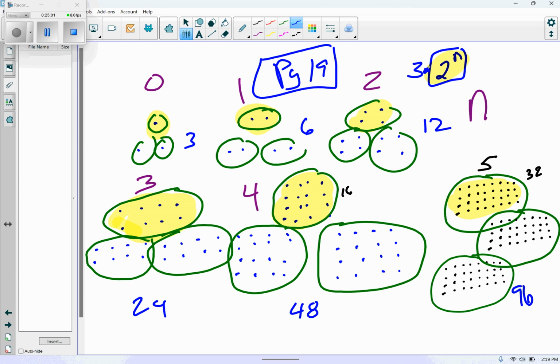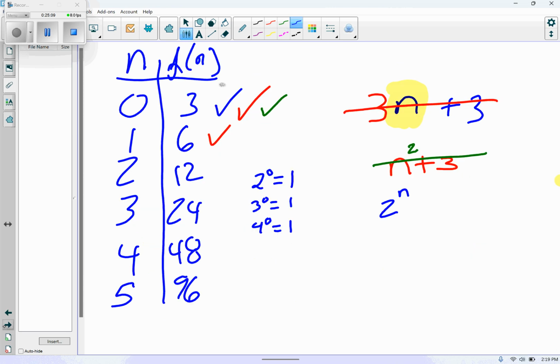Okay. I think that it's 3 times 2 raised to the n. We might be on something. Ready? Here we go. Follow along. 2 to the 0 is 1. 1 times 3. Does it work there?